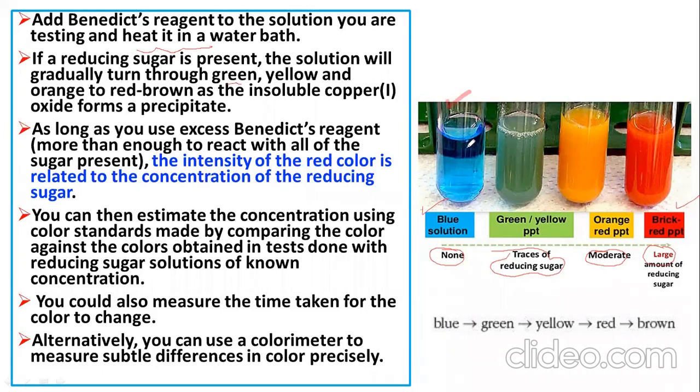While glucose will convert into brick red. Why? Because glucose is a reducing sugar and that can reduce the copper that is present in Benedict reagent. Is it clear?